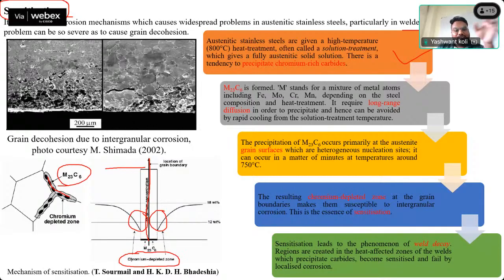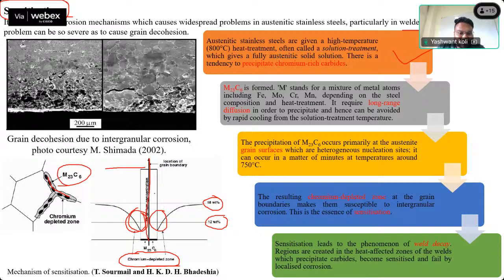You can see the chromium depleted zone adjacent to the grain boundaries. You can see 18% chromium, and here you can see 12%. So this dip is there. Adjacent to the grain boundaries, a chromium depleted zone will be formed. Why?